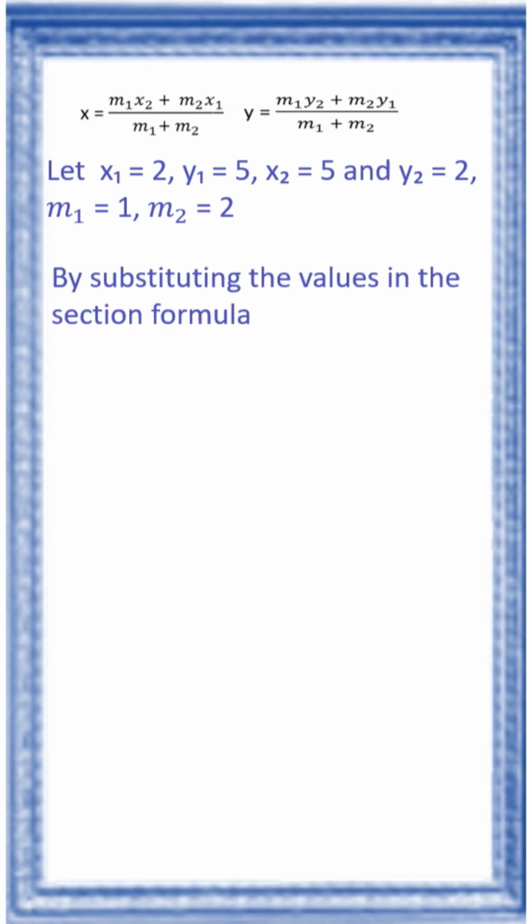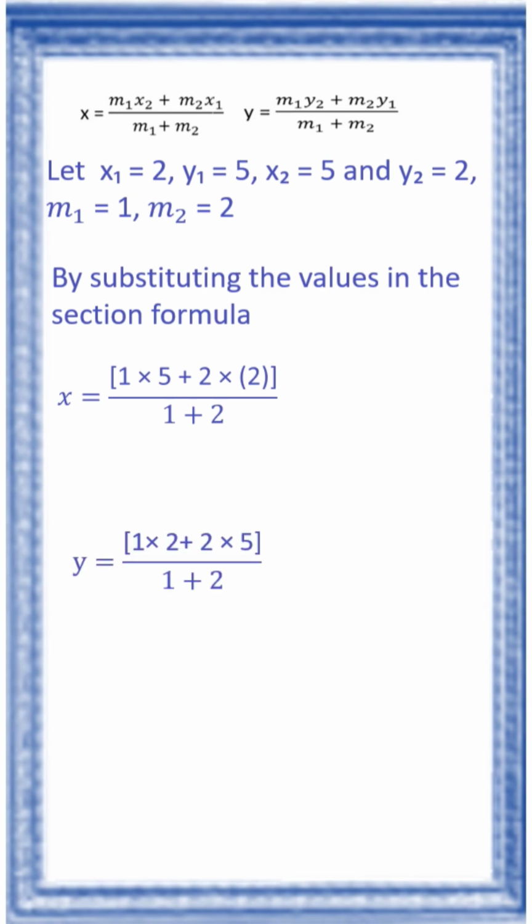By substituting the values in the section formula, x is equal to 1 into 5 plus 2 into 2 upon 1 plus 2. y is equal to 1 into 2 plus 2 into 5 upon 1 plus 2. Now let us simplify x. 1 into 5 is 5, 2 into 2 is 4 upon 1 plus 2 is 3.